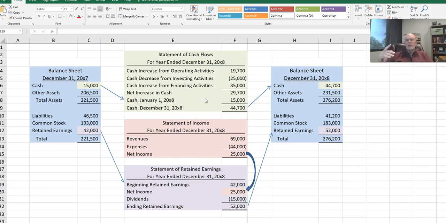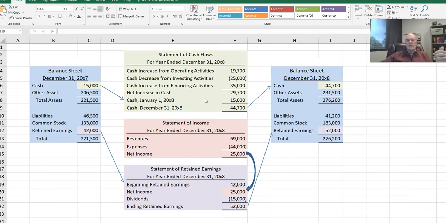The operating activities are cash collections and cash payments related to day-to-day operations: buying and selling our product, paying our employees, collecting money from customers, day-to-day operations involving the core of our business, serving customers and paying for expenses as we go.